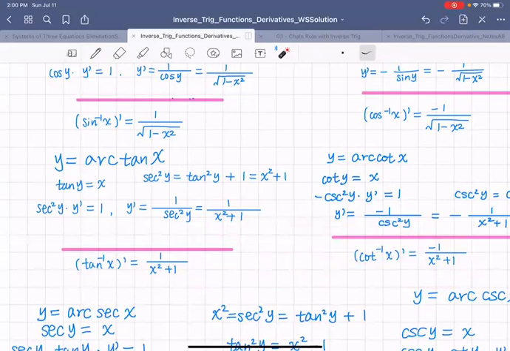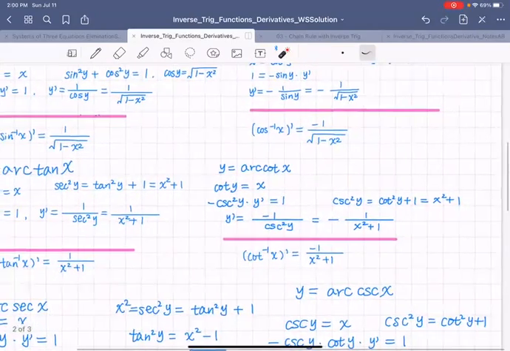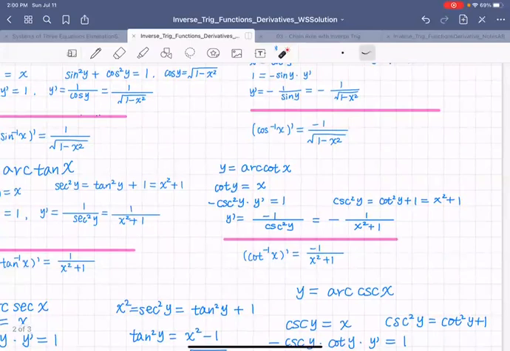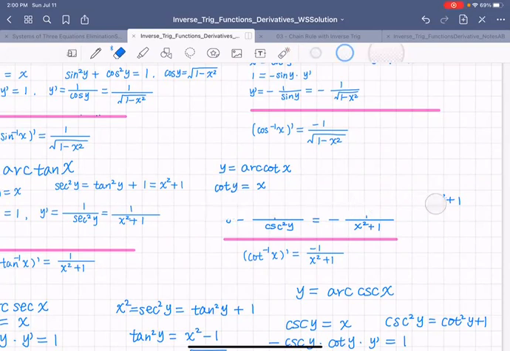Next, Aiden. Let's do this. For this, I rewrite it like that. What should I do next?